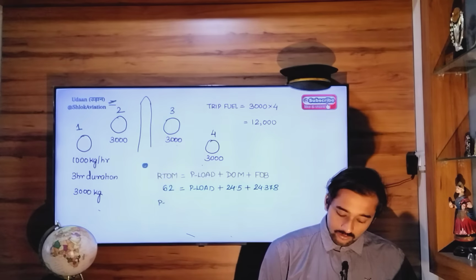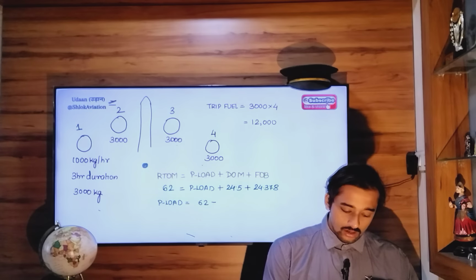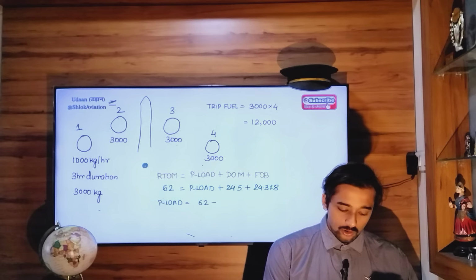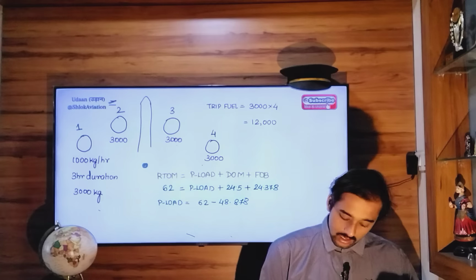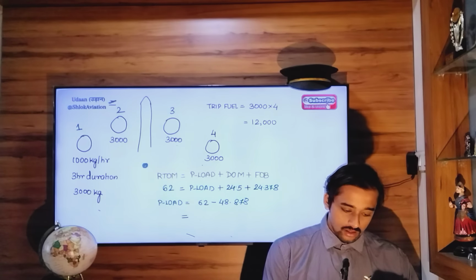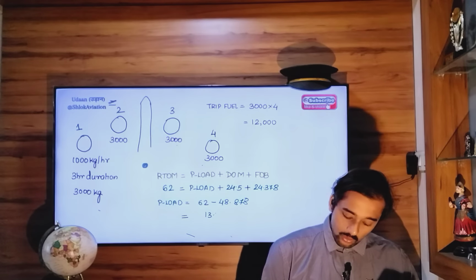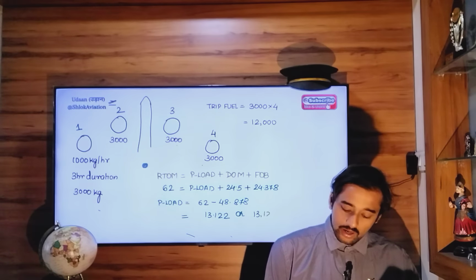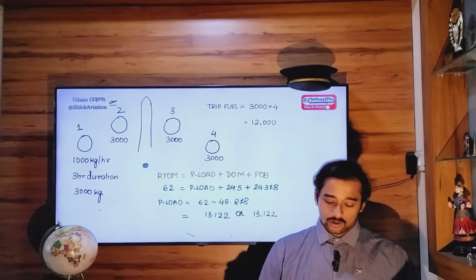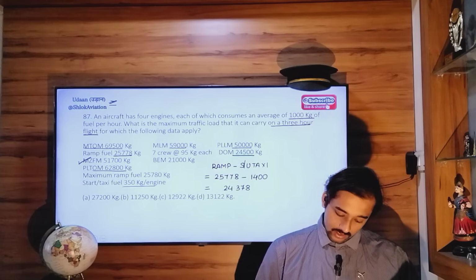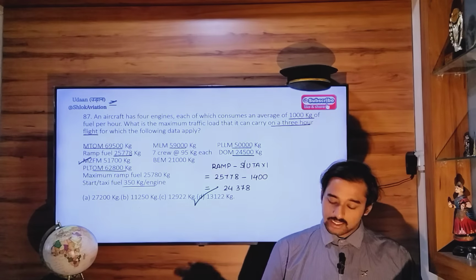Now payload will be equal to 62 minus 24.5 plus 24.378, that is 48.878, which is equal to 13.122, or 13,122 kilogram. So this is how you do this question. So option delta is the correct answer.